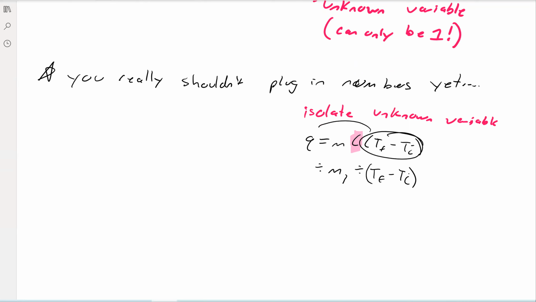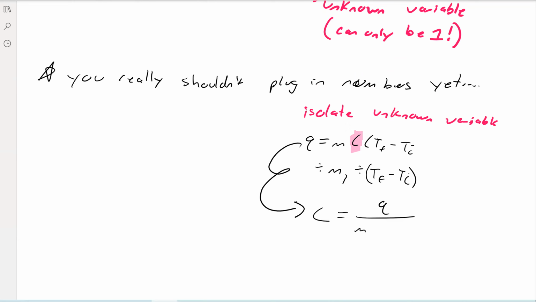To move this to the other side of the equation. And so I'll draw this little squiggly line, which basically means that I've reorganized the equation algebraically. And I always put my unknown variable to the left, so it's very obvious what I'm solving for. And then you have your new equation: C is equal to Q over m times (TF minus TI).